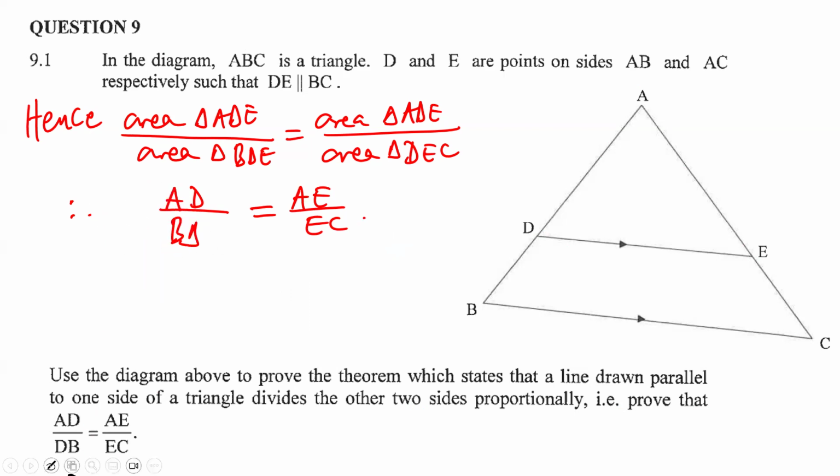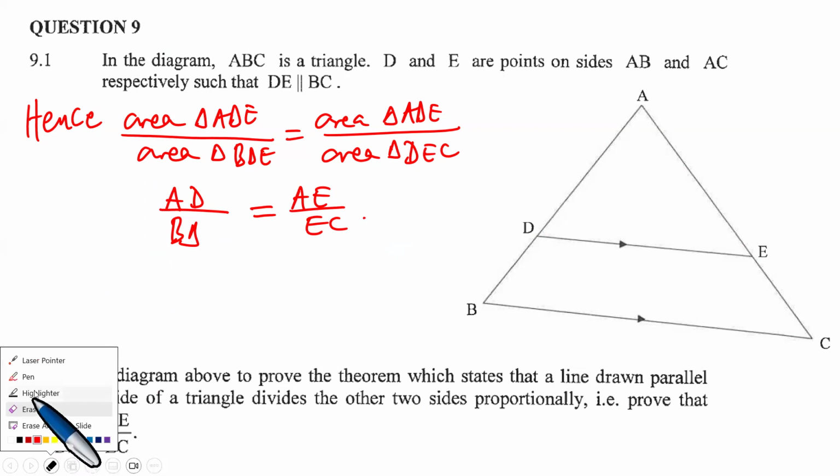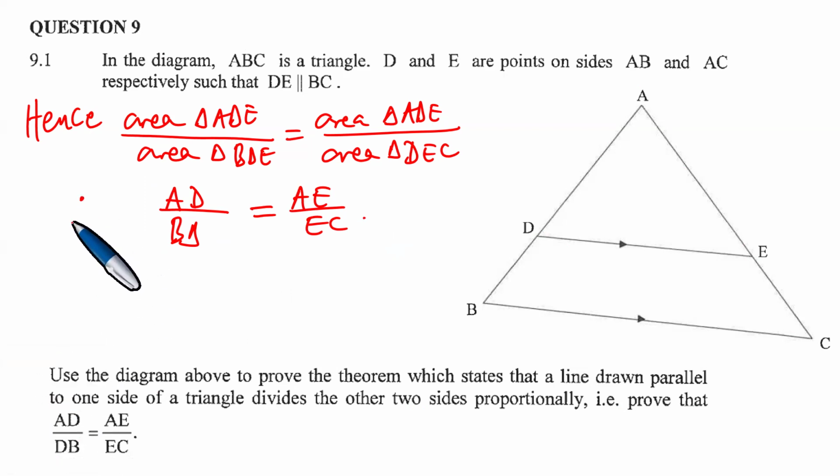And therefore, this is the conclusion. Now, this is exactly what we had to prove: that AD over DB is equal to AE over EC, and it is true.